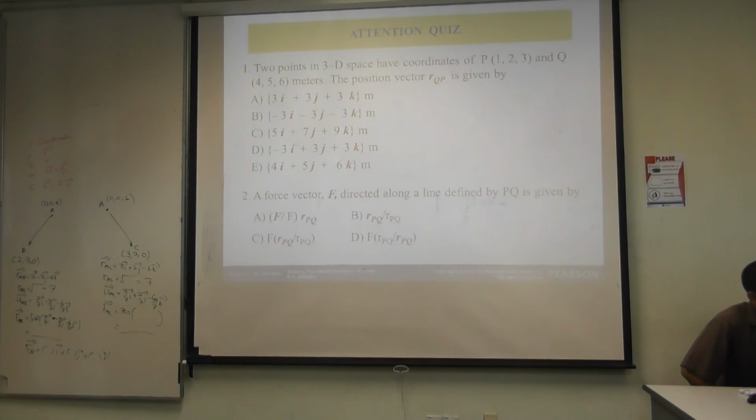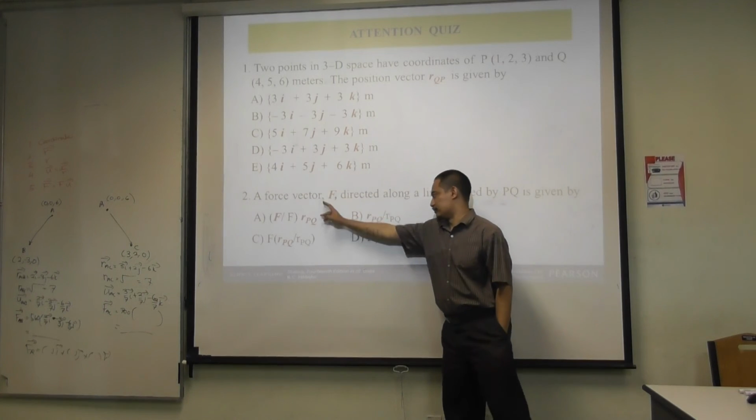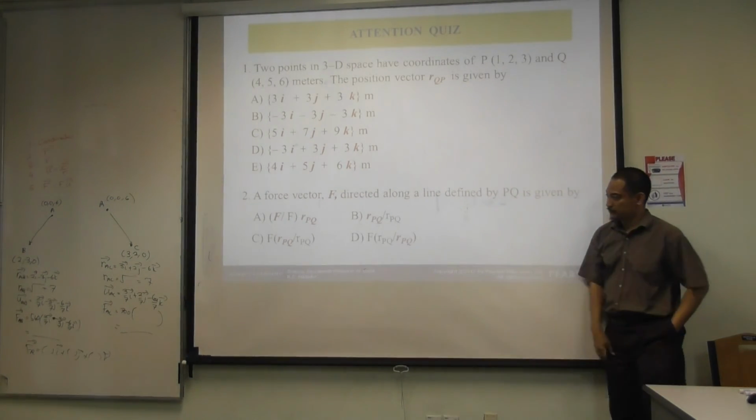Okay, if you have a force vector F directed along a line defined by PQ, which of these will be equal to vector F if the direction is along PQ?